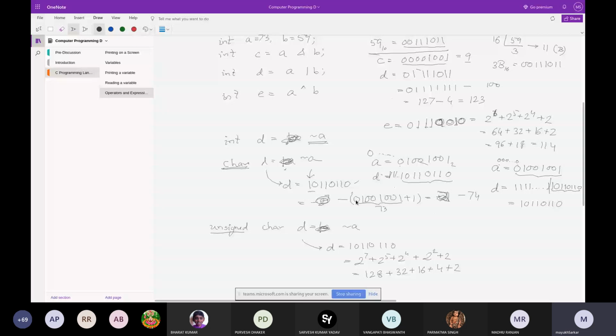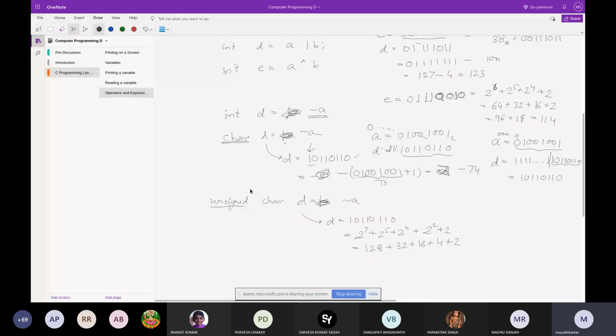And if you do the unsigned one, that was when I discussed unsigned previously. When you are using unsigned, the first bit is not a sign bit anymore, it's a value bit.